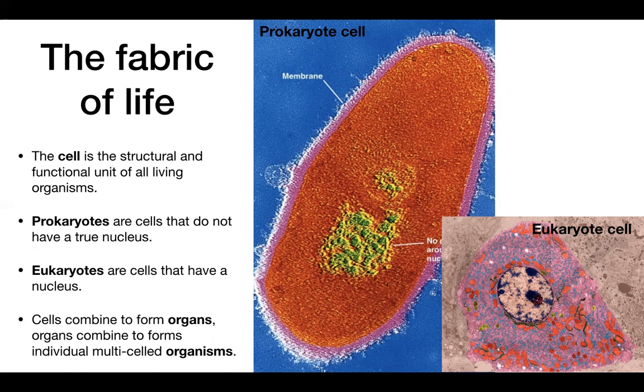Many bacteria are unicellular, consisting of just one cell, but most organisms are multicellular and consist of hundreds to trillions of cells. In multi-celled organisms, some cells combine to form organs to accomplish specific functions that serve the organism as a whole.